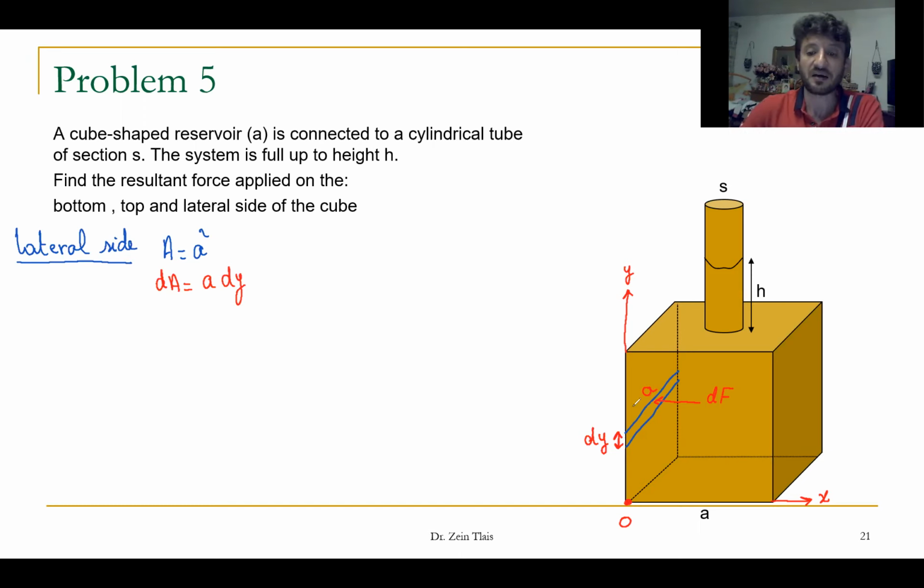We can have a constant P at any point here. P here is equal to P here.